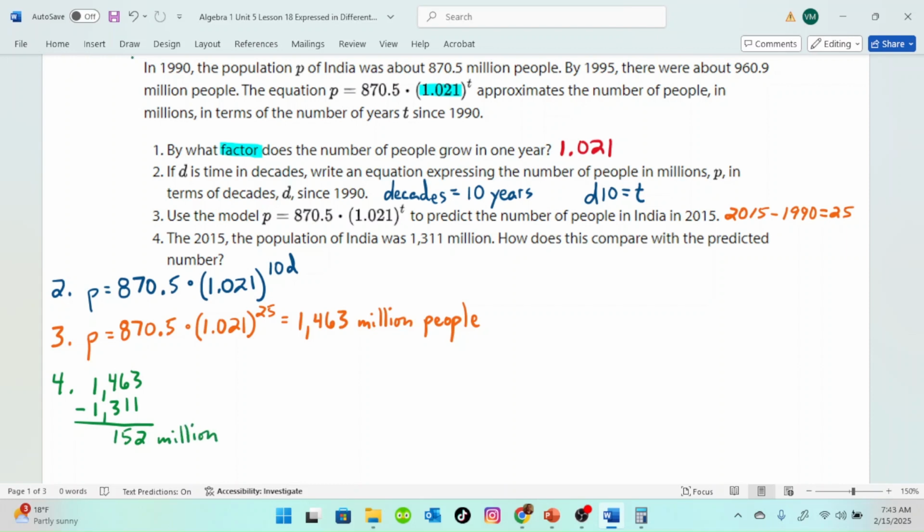So it was 152 million people lower than the predicted number. So that means the growth rate after 1990 ended up being a little bit lower than it was before 1990.